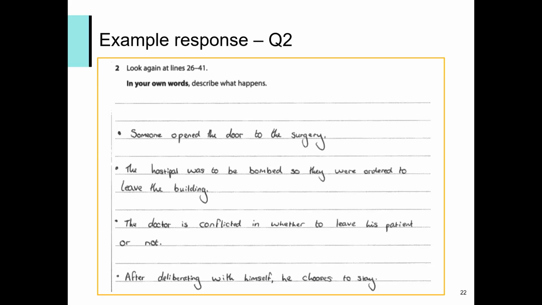Okay, so going on to question 3, you might again just want to remind yourself of what it says in the exam paper. And we're going to follow the same structure, looking at the examiner report first, and then looking at a response.